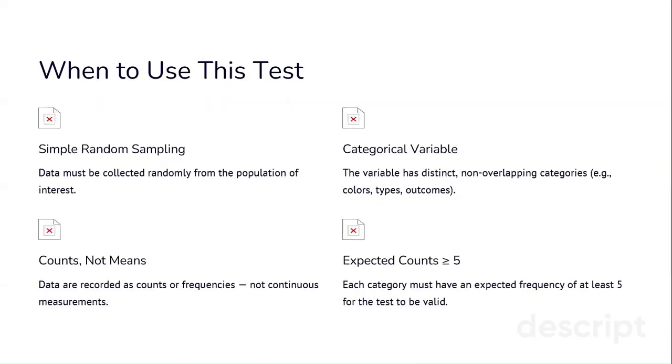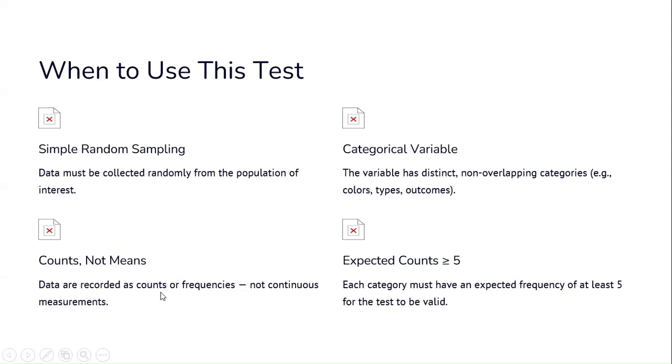When to use this test? Before applying this test, certain conditions must be satisfied. First, the data should come from a simple random sample. Second, the variable must be categorical, meaning it consists of distinct categories such as colors, types, outcomes, or preferences.